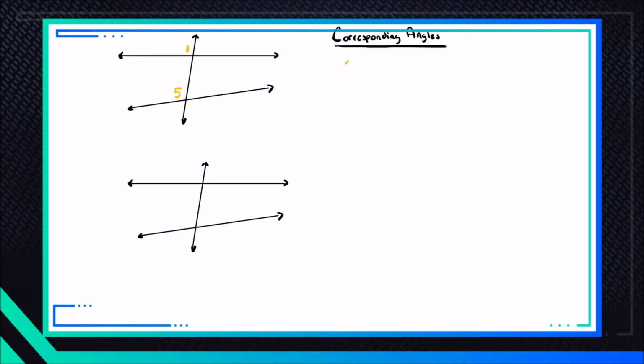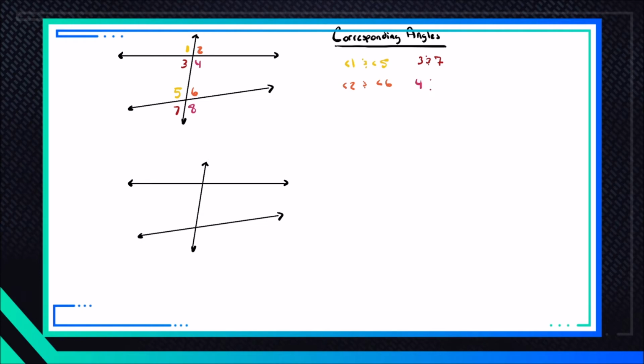So we would say that angle 1 and angle 5 are corresponding. Likewise, 2 and 6 would be corresponding. We could have 3 and 7 corresponding. And then finally, we could have 4 and 8.